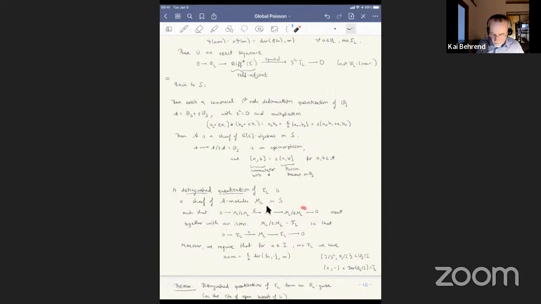Moreover, if I reduce mod epsilon, I'm supposed to get epsilon L, because I'm quantizing epsilon L. So this short exact sequence can be rewritten like this: it's an extension of epsilon L by itself, by some ML, which is an A module.